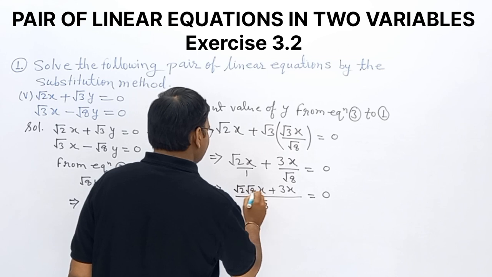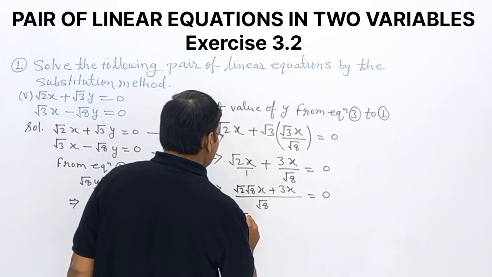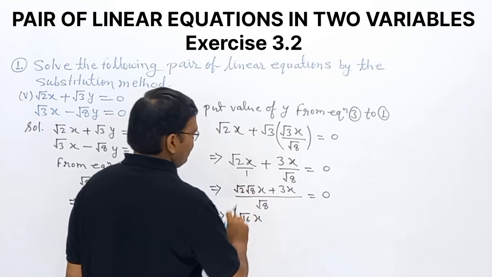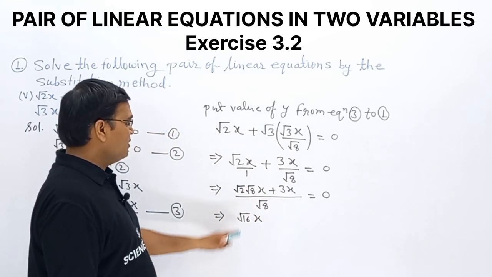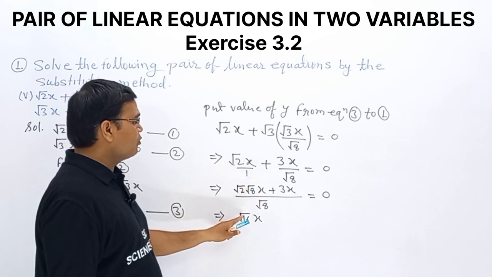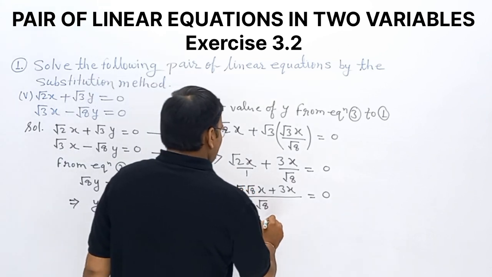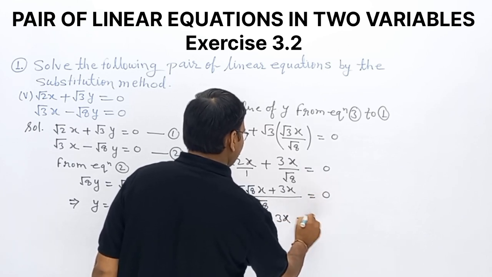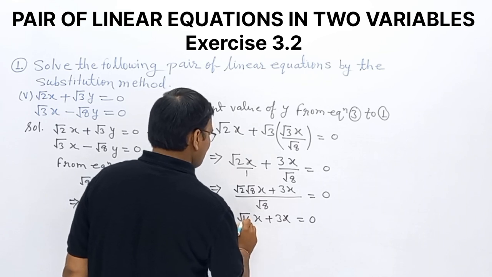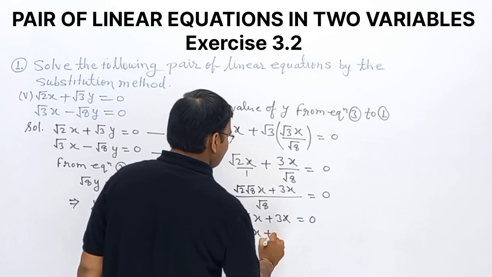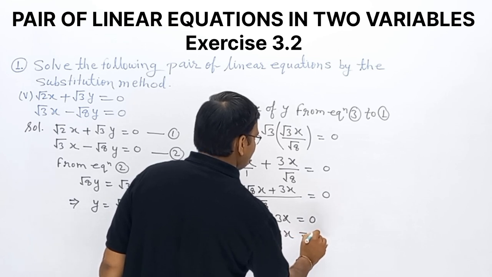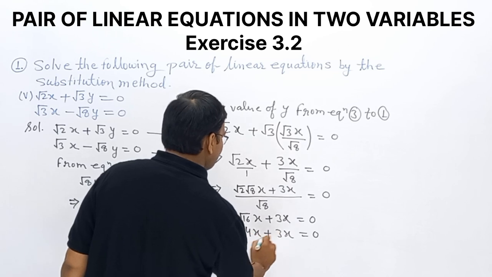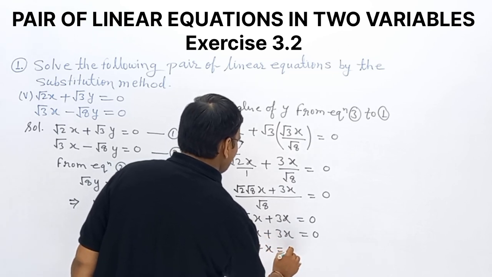Square root of a into square root of b is square root of ab. So square root of 2 into 8, which is square root of 16, x plus 3x equals 0. Square root of 16 is 4, so 4x plus 3x is 7x equal to 0.